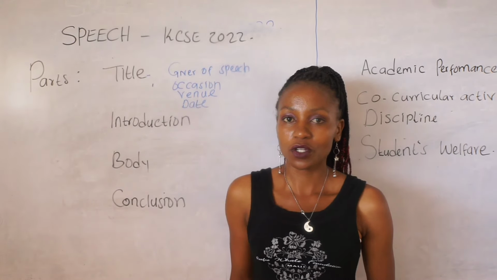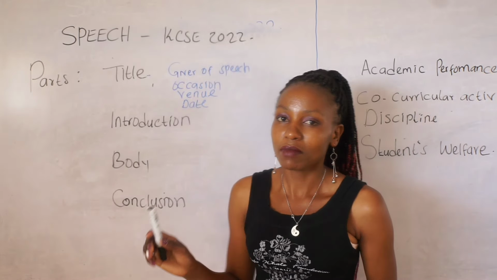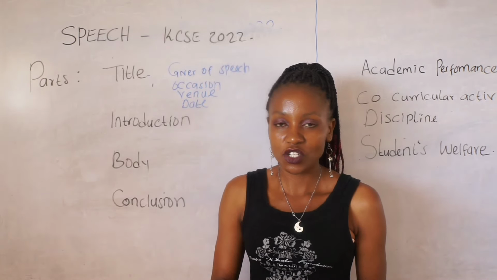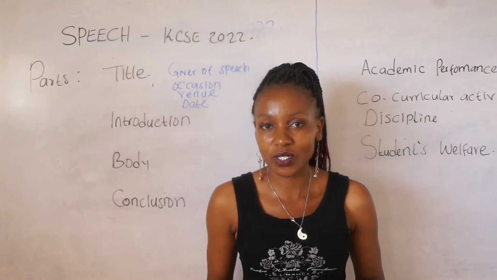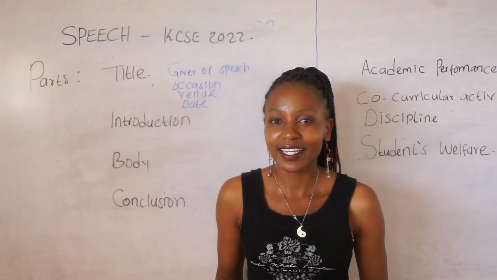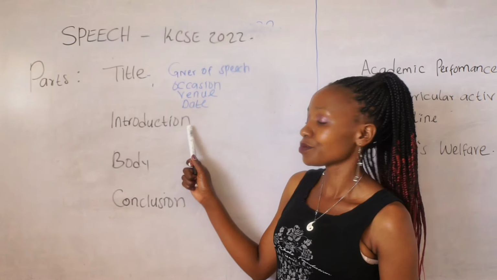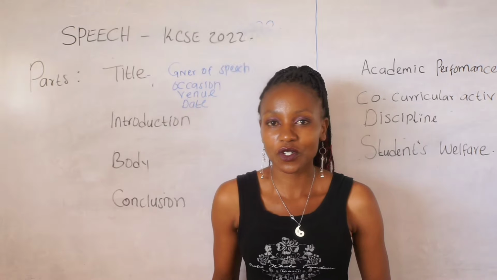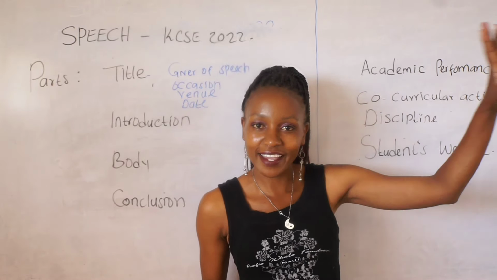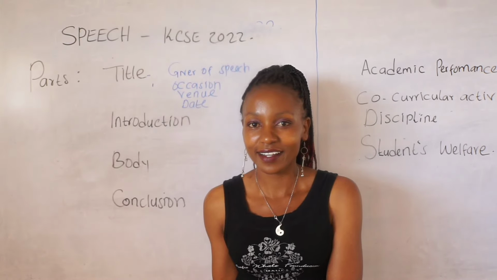After that, we are going to the introduction. But before the introduction, your title must be written in capital letters, and then after the title, skip one line. Introduction. The first part, you are going to acknowledge those who are present. And according to the question, who is of higher rank and who is of the lowest rank?